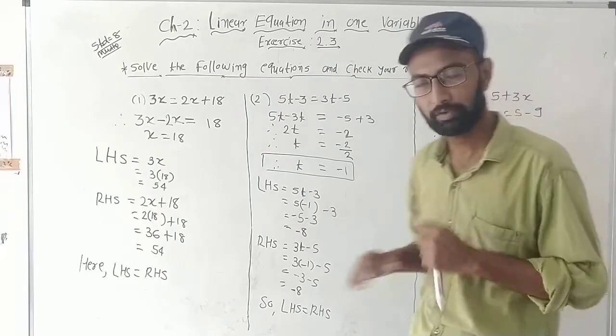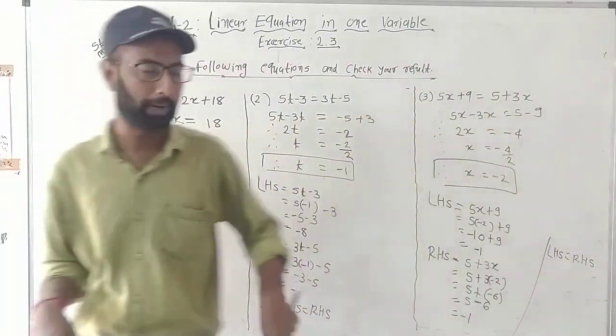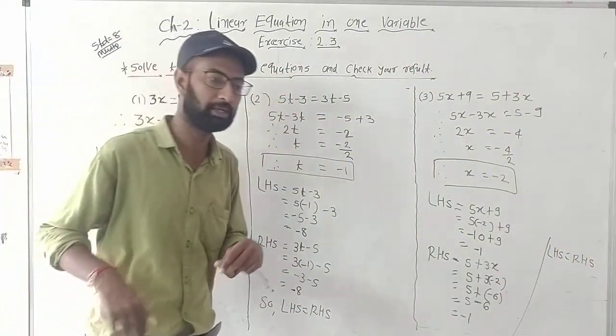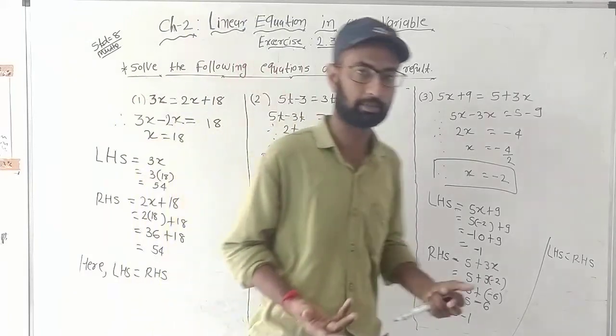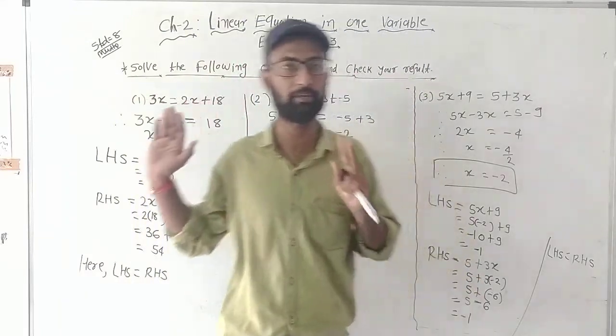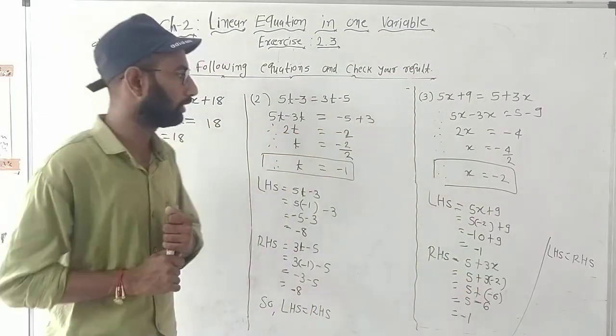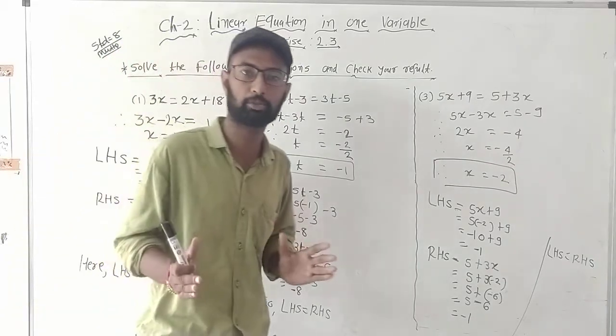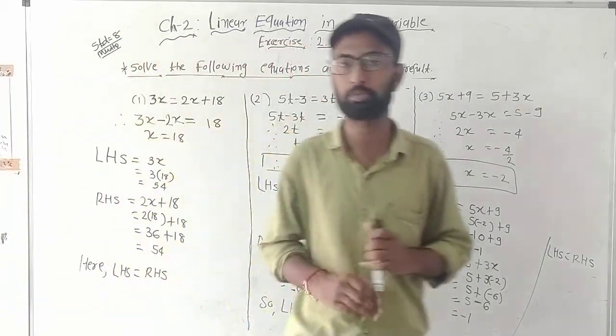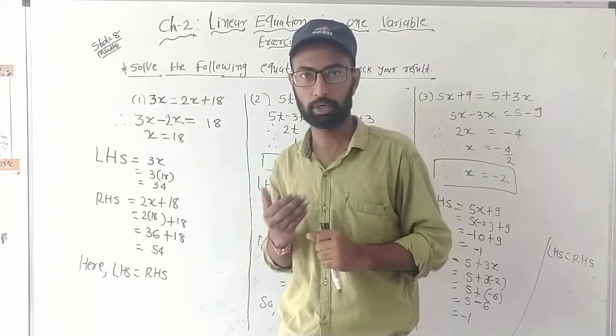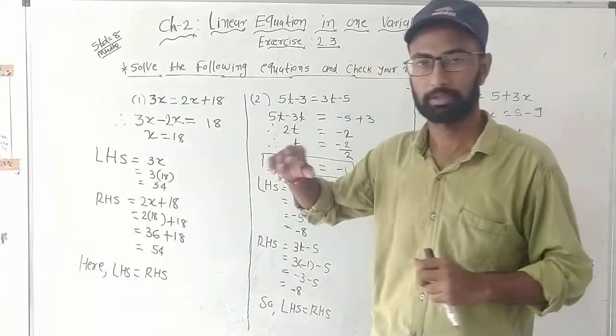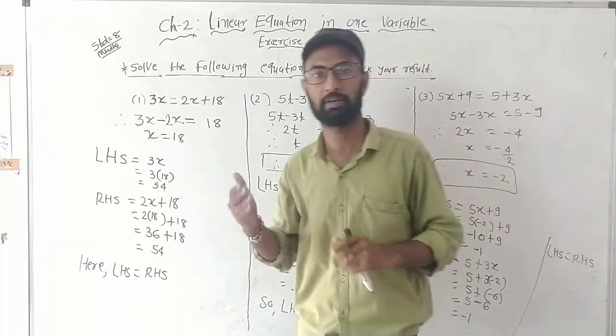Okay, so till now we have solved only 3 examples. Might be in exercise 2.2 we will be having 9 to 10 sums. Then after that exercise 2.3 will be completed. So if you have the textbook, you can try by yourself sum number 4, 5, 6, 7, 8, 9, 10.